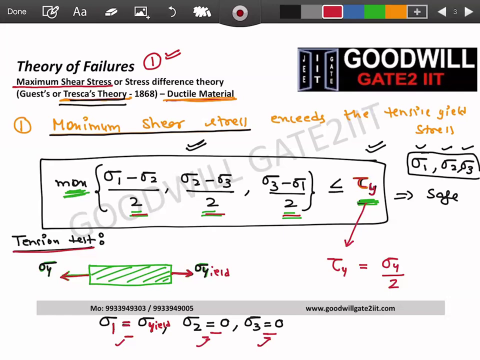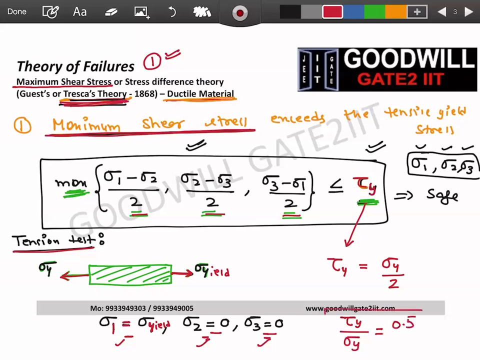So what this equation is telling you, please listen to me very carefully. Anything I'm going to box, you should buy by heart. And you will find this in all textbooks. For maximum shear stress theory, which is also known as Tresca, tau y by sigma y is basically 0.5.